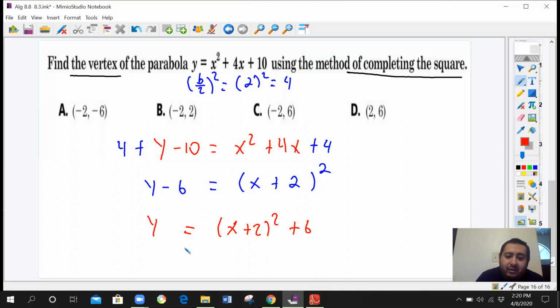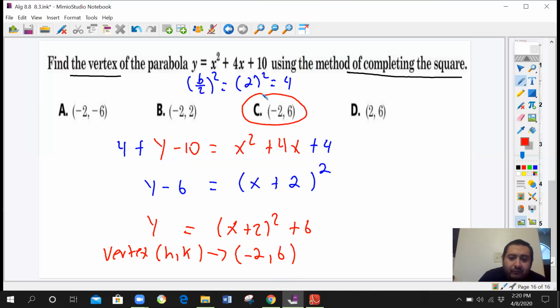Our vertex is going to be your h and k. H comma k. Our h is going to be -2 and your k is +6, which is letter C in this case.